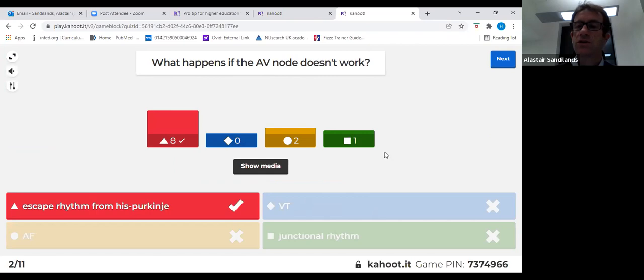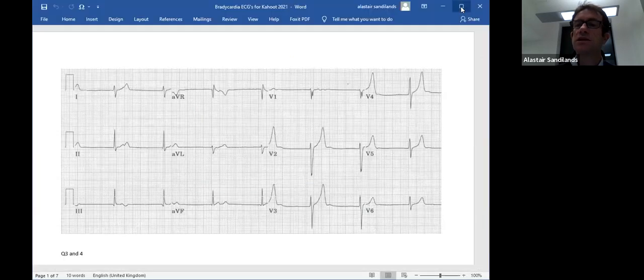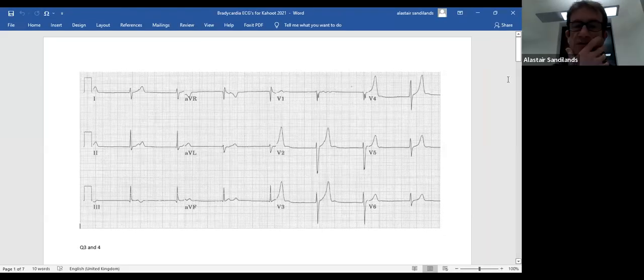Because the Kahoot ECGs are not particularly good, this is now for question 3 and 4. I'll give you some time to look at this ECG. You should have the example.